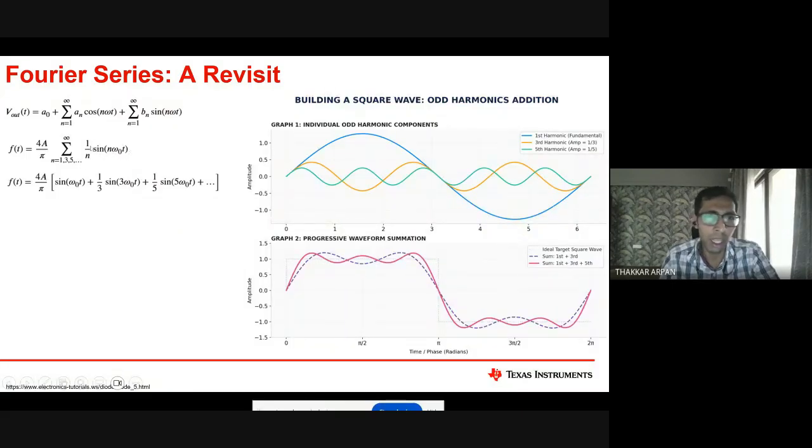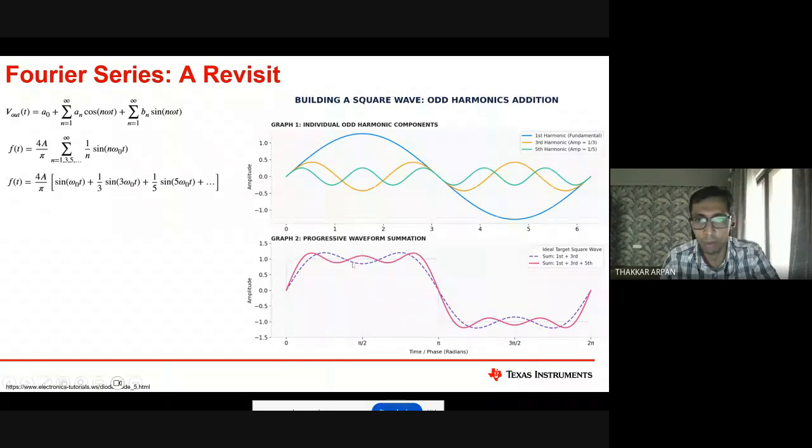What does this mean? Let's say the fundamental component n equals 1. That means this blue signal is the fundamental frequency. Then it gets added with 1/3 of 3 omega naught. So amplitude is 1/3, and this is a 3 omega naught signal. If you can see, all signals are rising together. That is how this edge is becoming sharper.